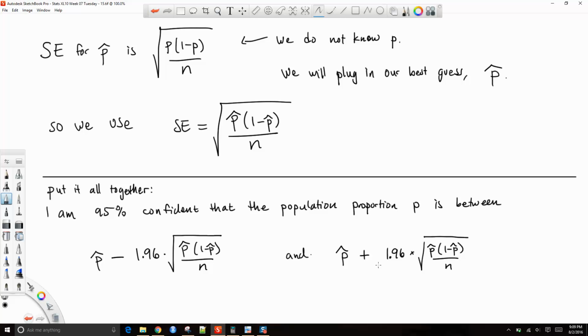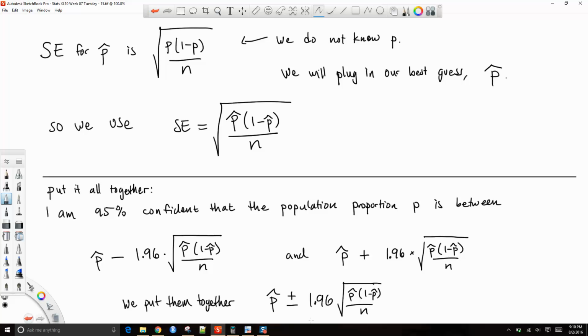Because both sides look almost exactly the same, we can put them together just to save some space in our writing, and we say p hat plus or minus 1.96 times the square root of p hat times 1 minus p hat over n. When you see this plus or minus, it means two values.